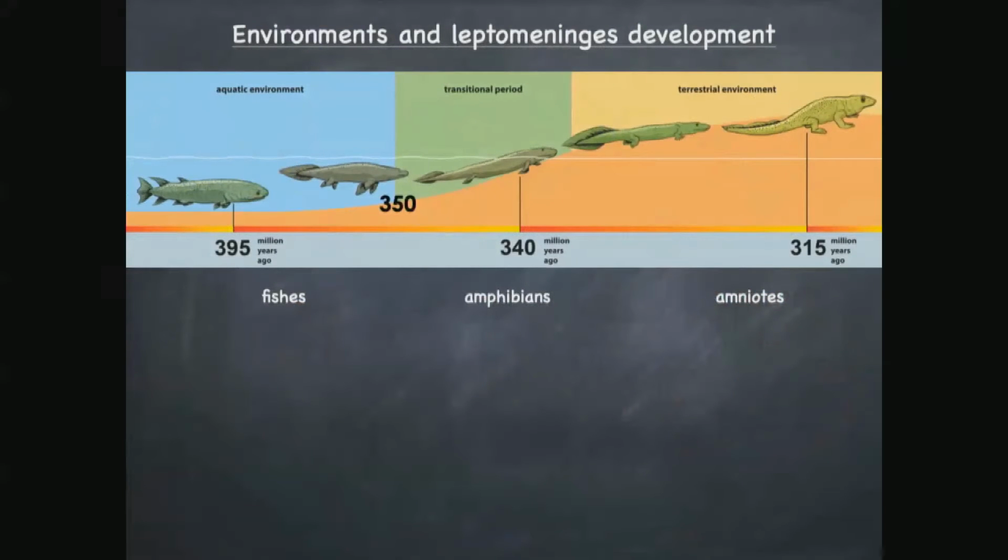If we focus on the environment and leptomeningeal development of the vertebrates, of course, fishes are living in the aquatic environment, and amniotes are living in the terrestrial environment. The amphibians are in between, and they are in the transitional period, that is about 340 million years ago.